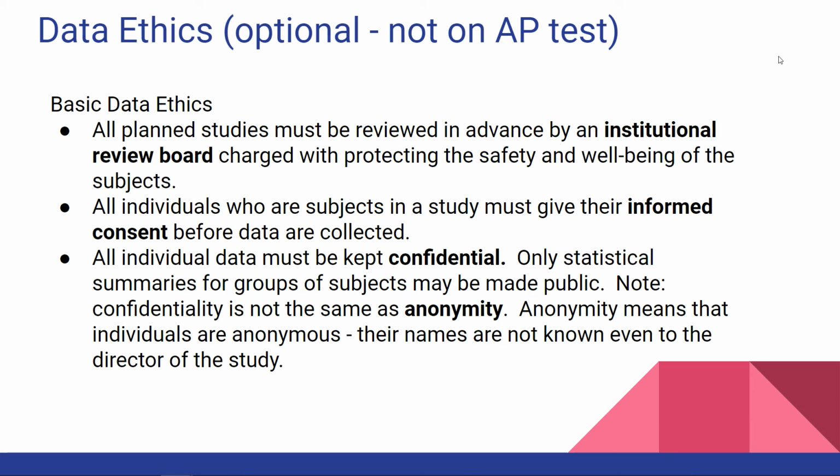And finally, with the particular program that I used to gather the data, it did gather emails for the individuals so that I had the ability to check to make sure that the same person didn't submit twice or something like that, which did not make it completely anonymous, but it was basically as close as you can get.